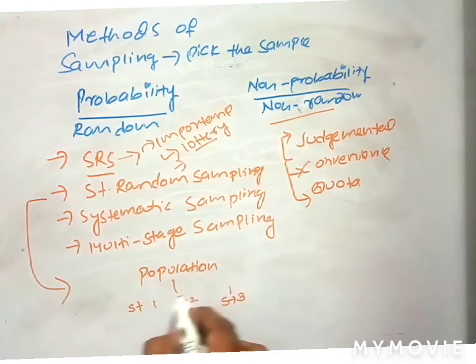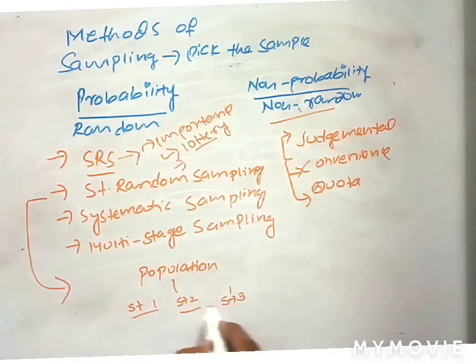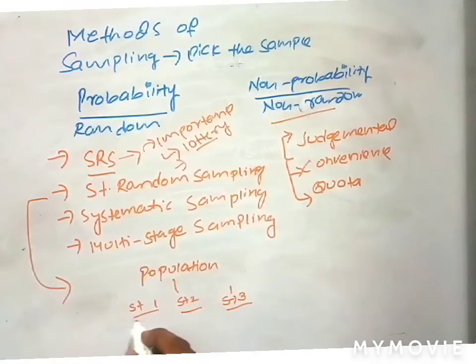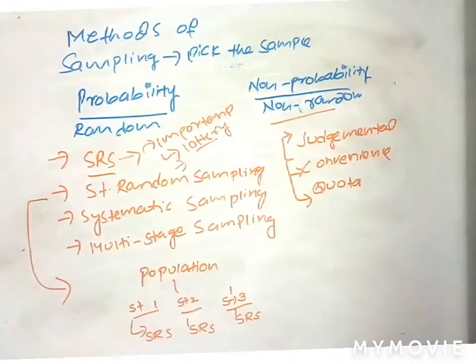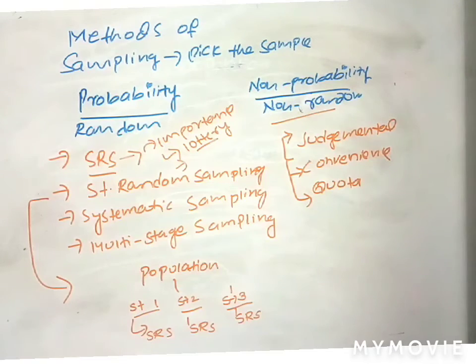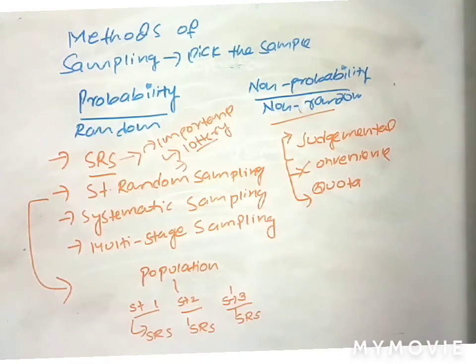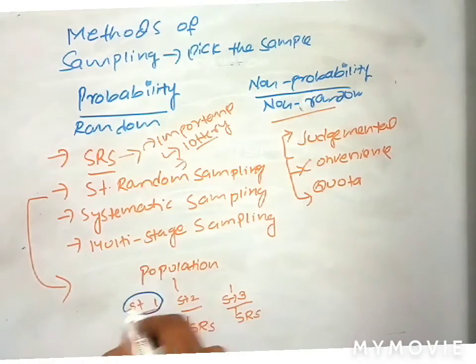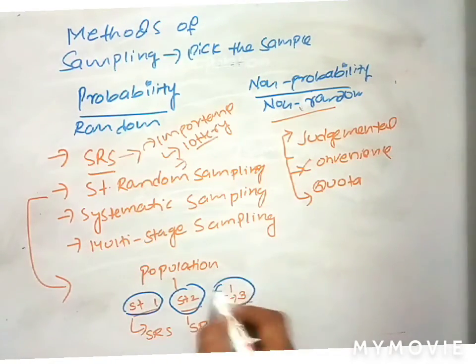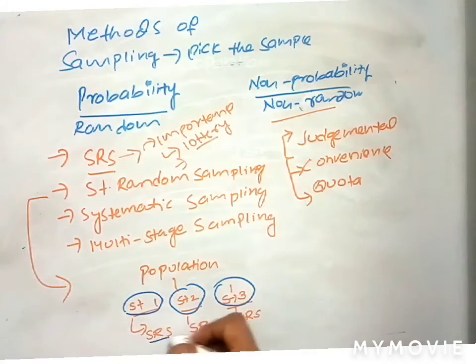It means if this is a country, this is region 1, region 2 and region 3, and from each of these I am going to apply simple random sampling. So this is the difference between simple random sampling and systematic random sampling.